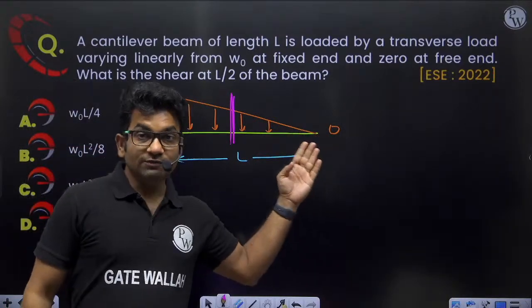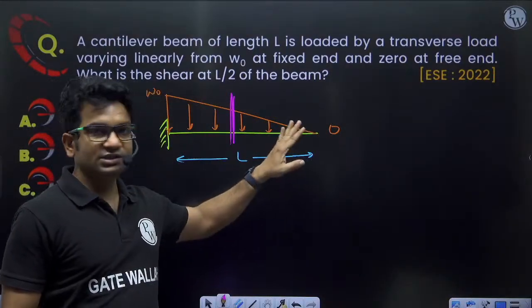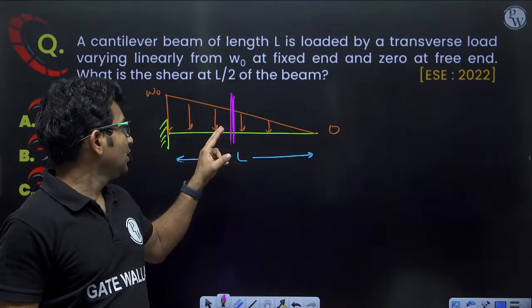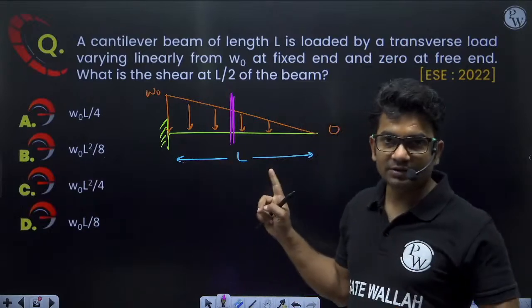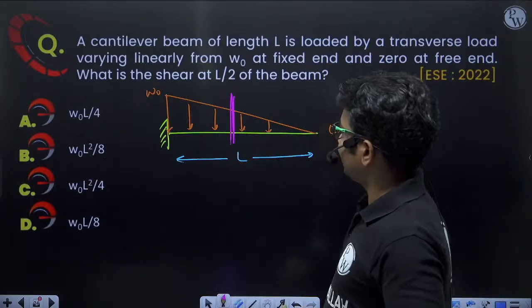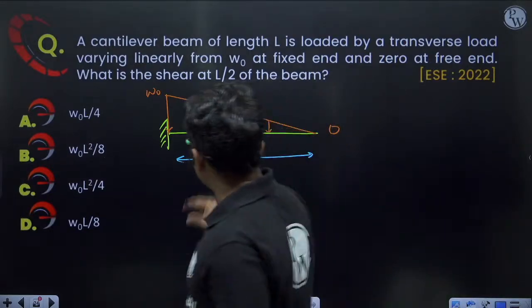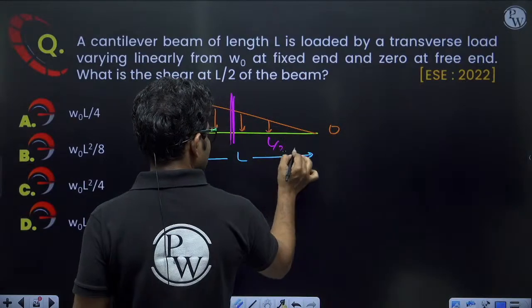The shear force is the total force either to the right or to the left of the section. If we calculate towards the left of the section, it will become difficult, so it is better to calculate towards the right. Now what is the loading intensity here at L by 2? This distance is L by 2.